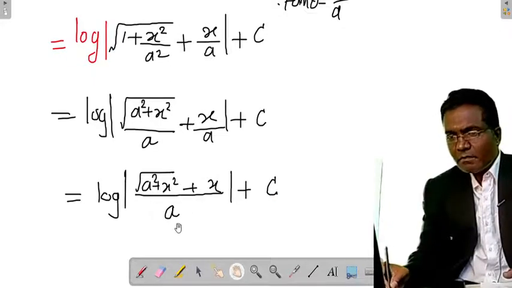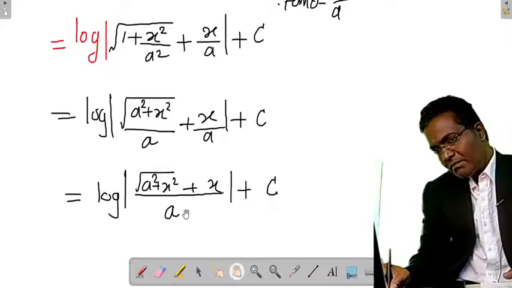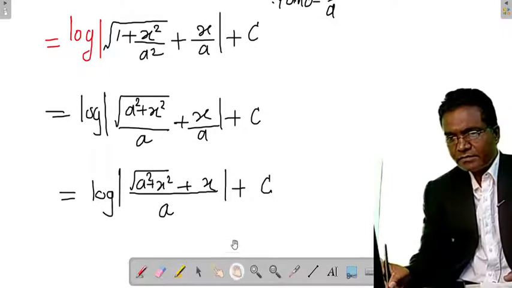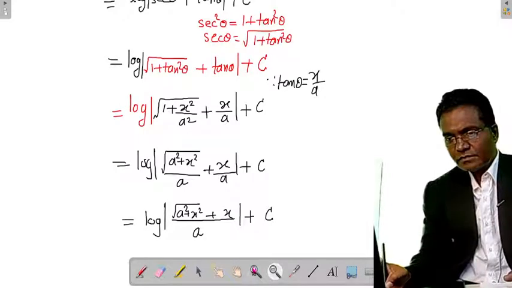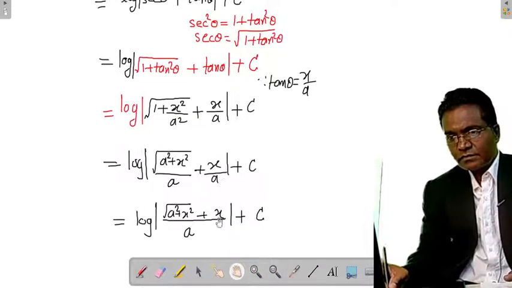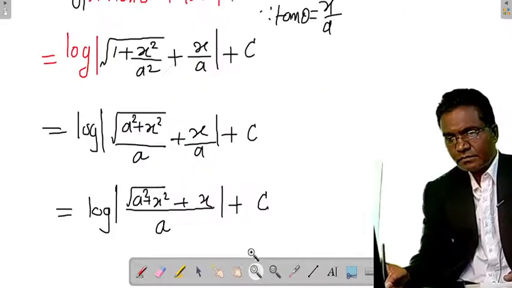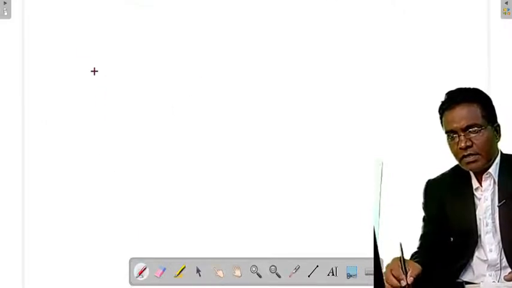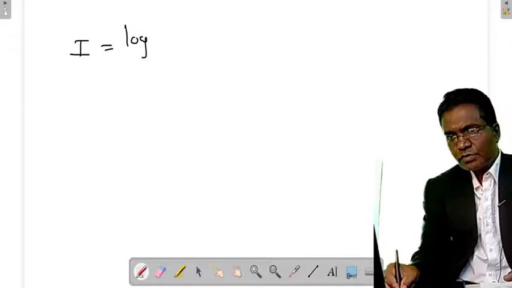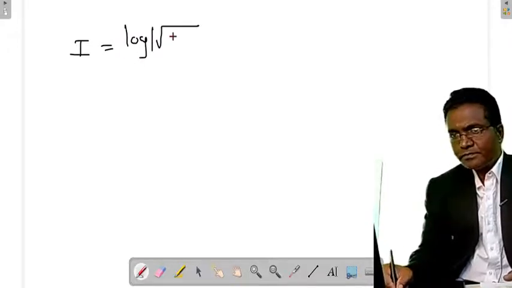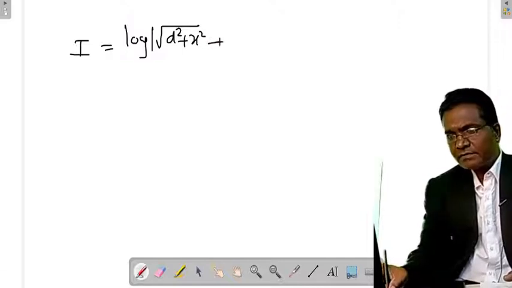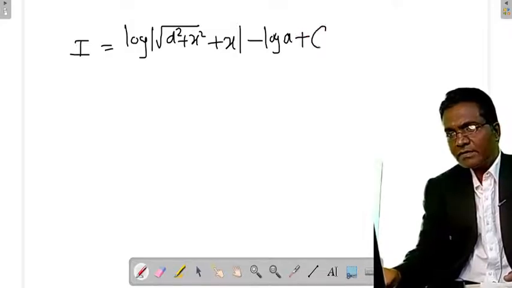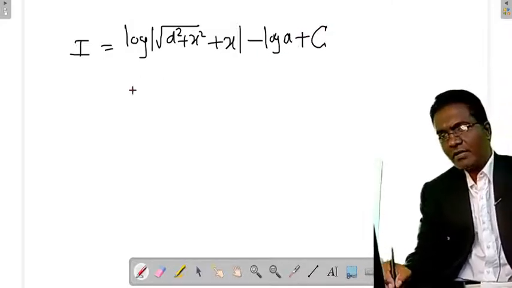So log m by n is log m minus log n. So I can write I equals log of square root of a square plus x square plus x, minus log a plus c, because log m by n is log m minus log n.